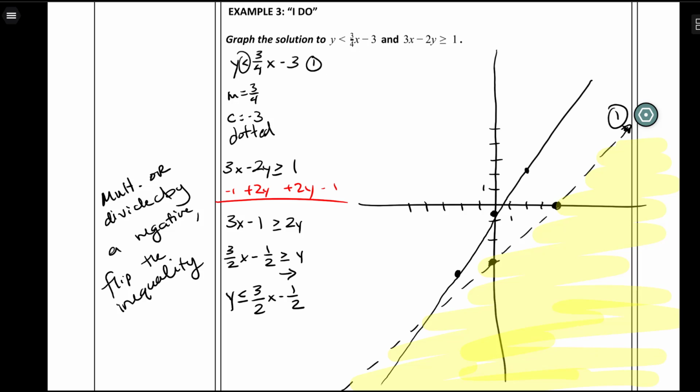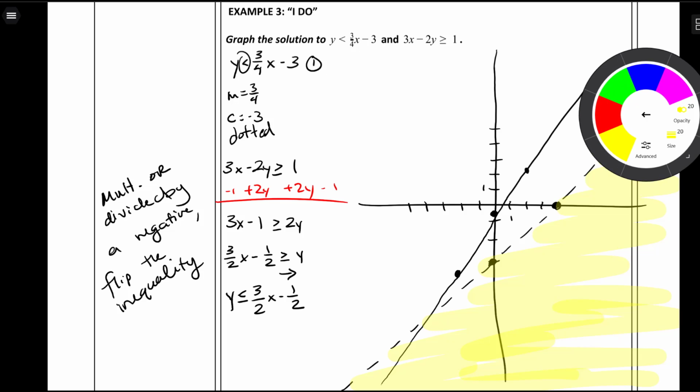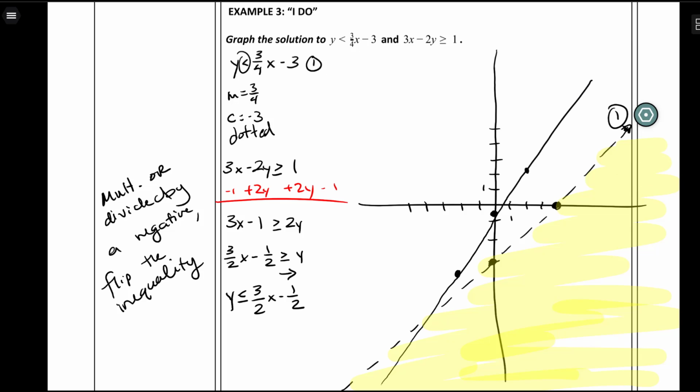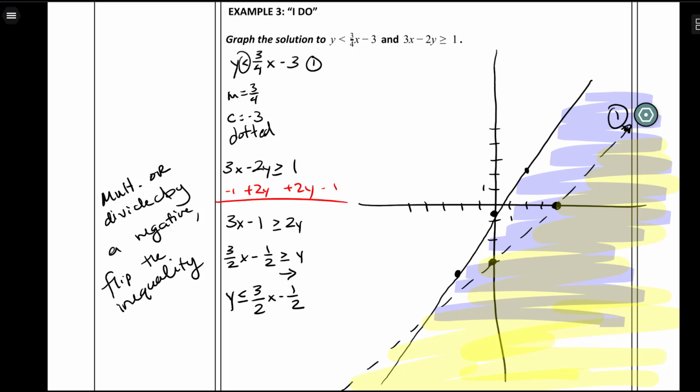Now we've got to do some double shading. Let's go ahead and shade in blue everything that is below this other one. So now everything that we want is going to be that double shaded region.